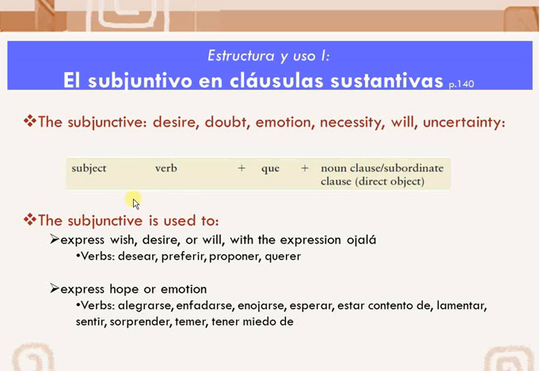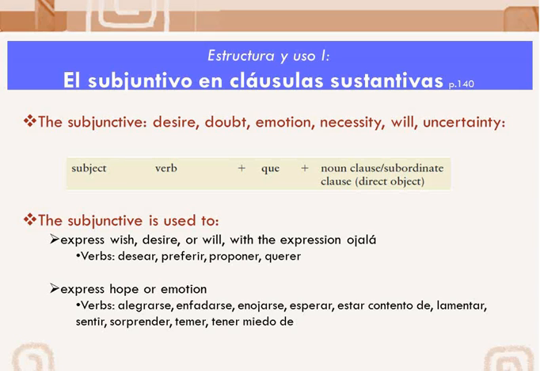For example, in English I would say, I wish, because it's a desire, that; que here represents that. It's a relative pronoun, something. That something in Spanish is always in the subjunctive. We are going to see some examples in Spanish pretty soon. First, let's see the uses of the subjunctive.